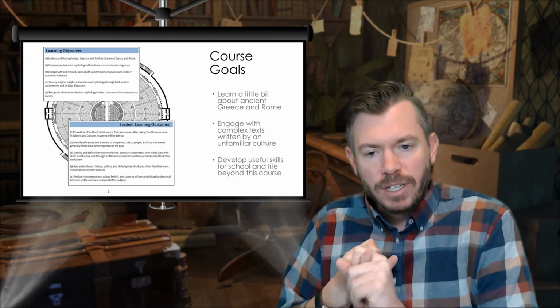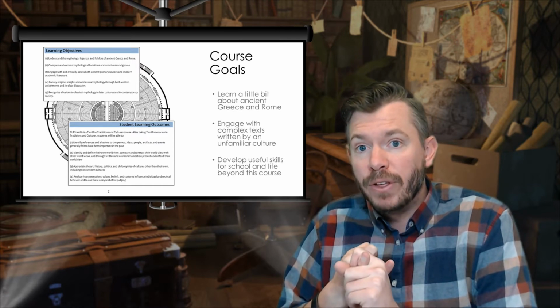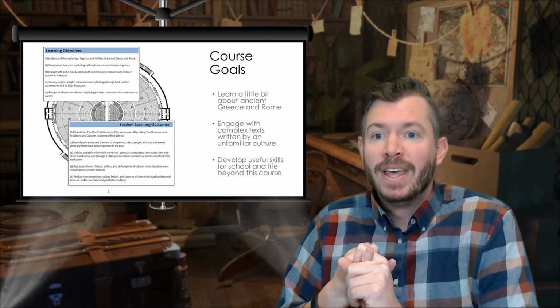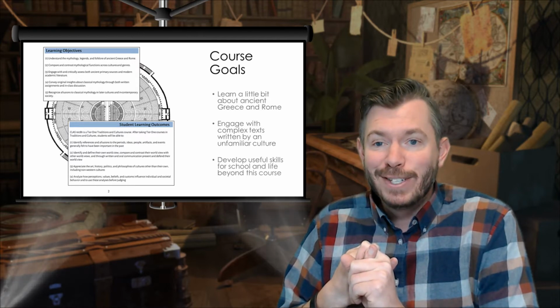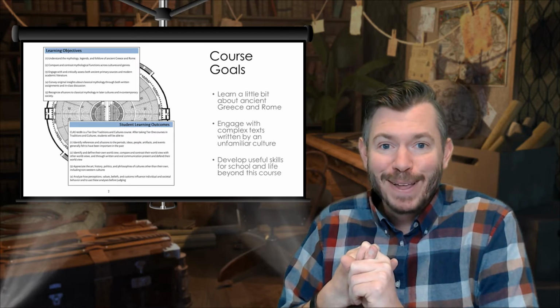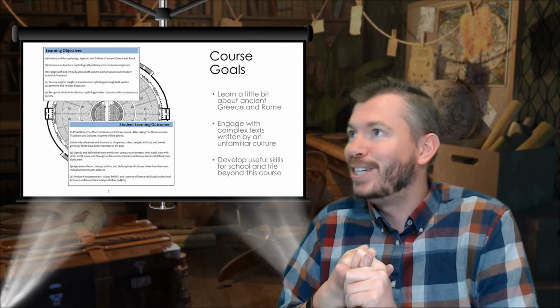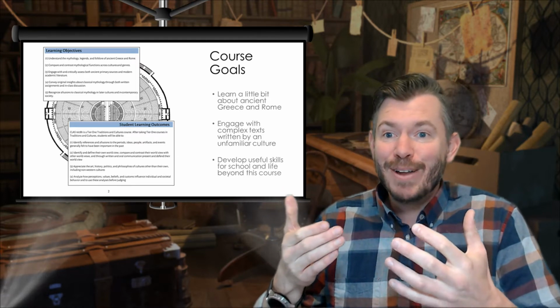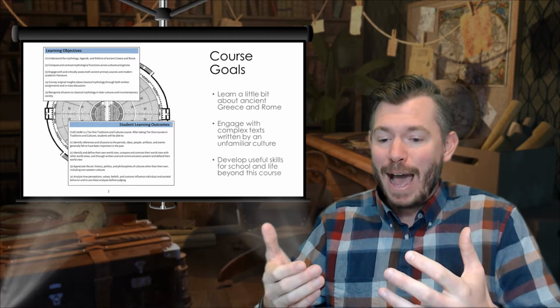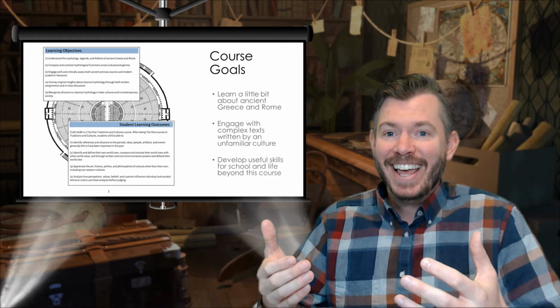The second thing I want you to be able to do is engage with texts from an unfamiliar culture. Okay? And what you're going to find in this class is that the readings start out really difficult. All right? You're going to pick these up, and even if you've got some sense for Greek mythology or ancient history or whatever, when you first read these, you're going to be like, what the crap is this even trying to say? All right? And that's good.